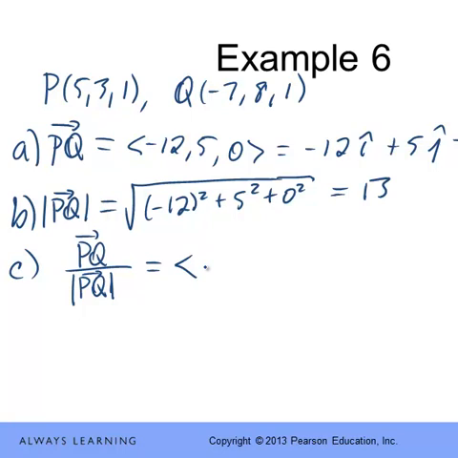So let's take PQ divided by its magnitude, which basically means we take the components of PQ divided by 13. So -12 13ths, comma, 5 13ths, comma, 0. So there's a unit vector in the direction of PQ. And then you can multiply by the scalar 10, for example, if you want a vector of magnitude 10 in the direction of PQ.